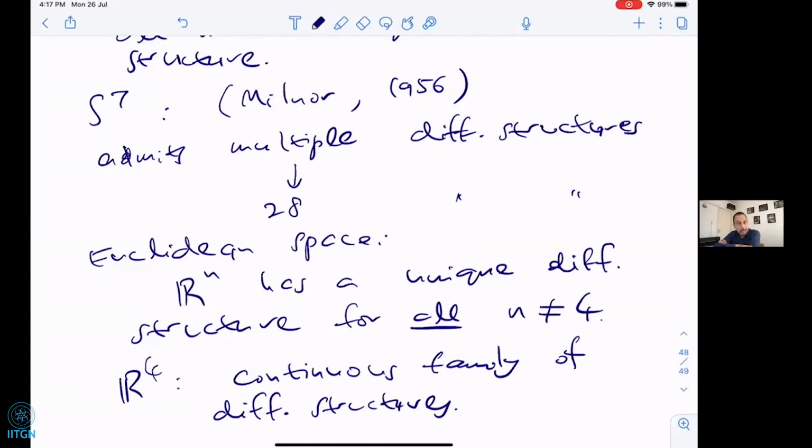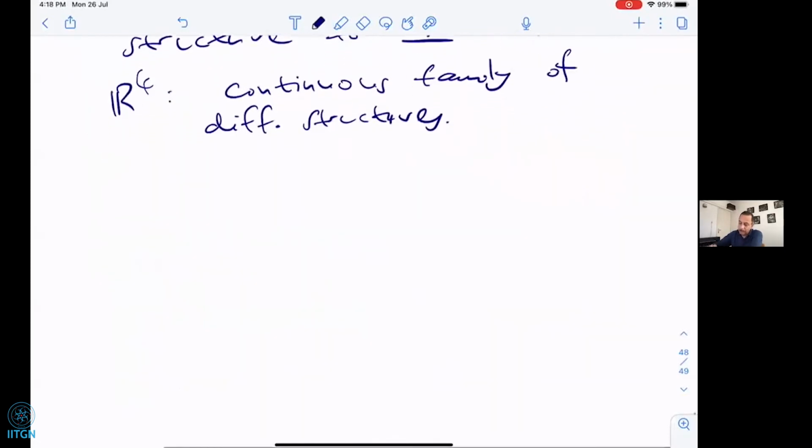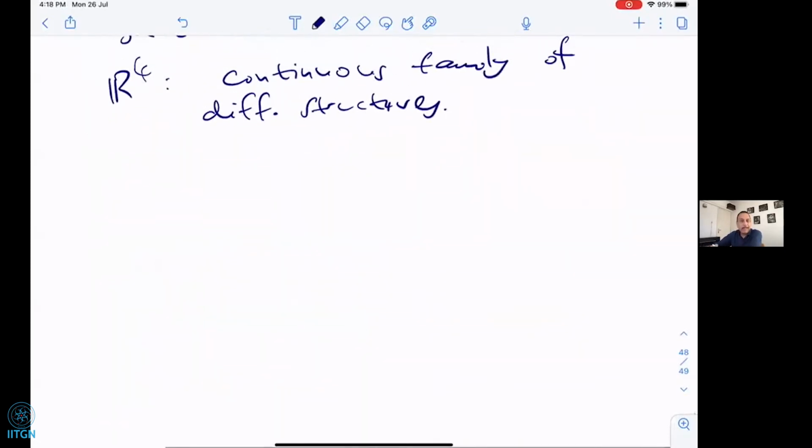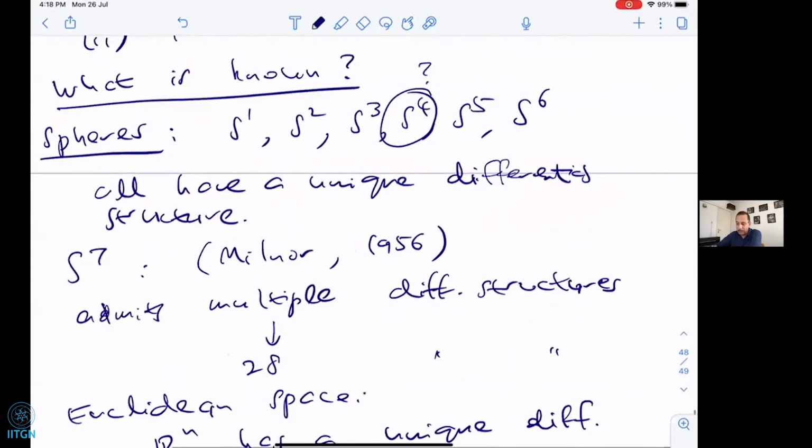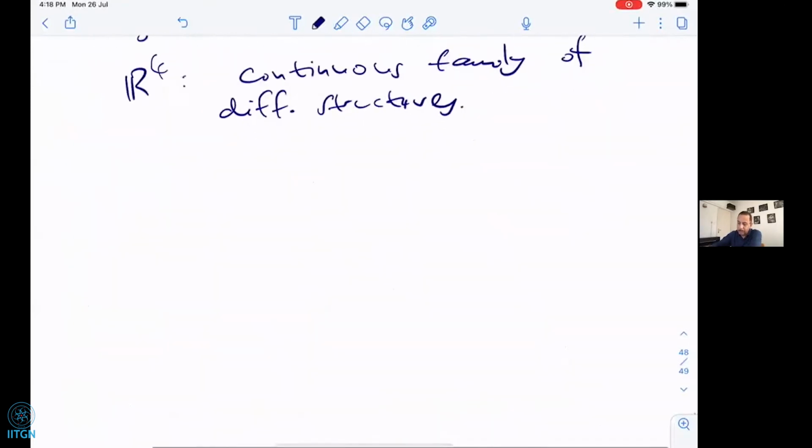I freely admit it's very tantalizing, but many things are known, many things are not known, and you should look up more on this on the internet. These are called exotic manifolds. For example, the Wikipedia page for spheres is called exotic spheres. So you can look up exotic spheres and you'll find whatever is the current information.